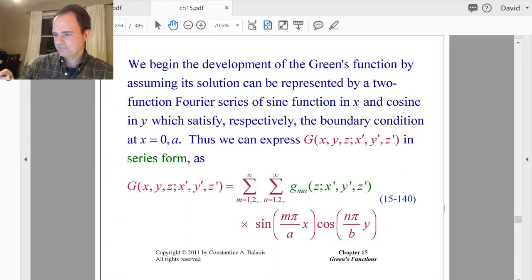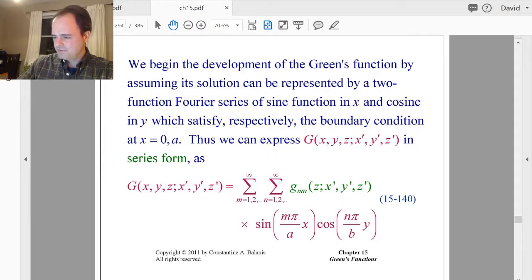So we first start off with the series form of the Green's function by first assuming a series. And that's even before we get to the homogeneous equation that we need to solve for to allow us to use a bilinear form.